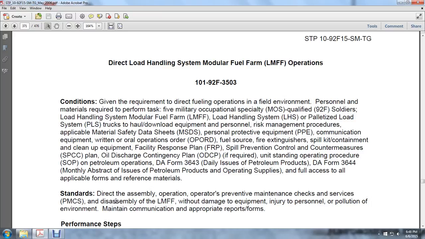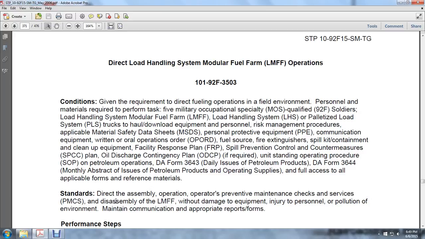Risk management procedures, applicable material safety data sheets, personal protective equipment, communication equipment, written and oral operations, fuel ordered, fuel source, fire extinguisher, spill contaminant cleanup kit, equipment, facility response plan, spill prevention control and countermeasures, oil discharge contingency plan, and unit standing authorization procedure on petroleum operations.